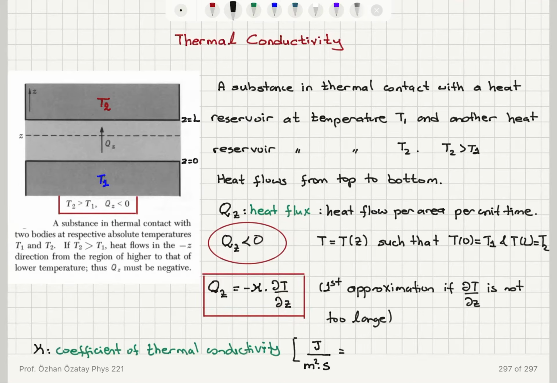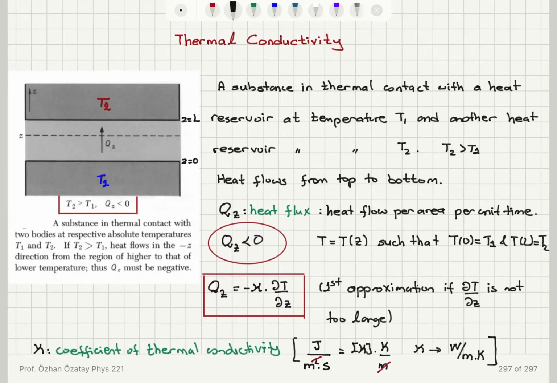This is the dimension of kappa, the unit of kappa, multiplied with the temperature change, delta T in Kelvin, divided by meters. So you can see that this meter will decrease, and joules per second is basically watts. So the unit of kappa is watts per meter Kelvin.